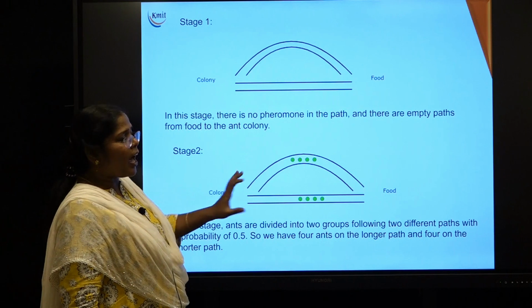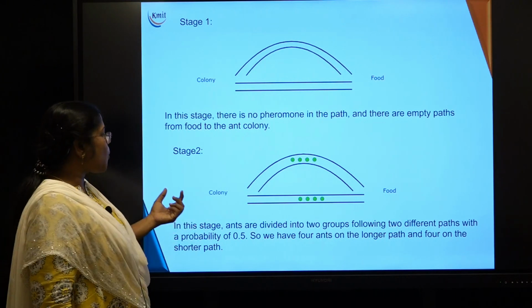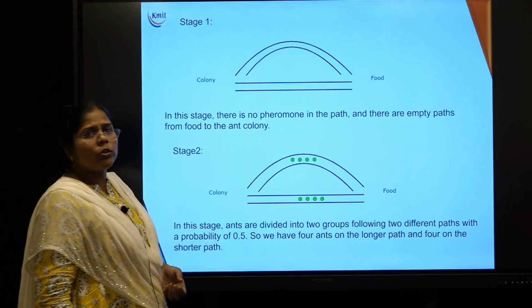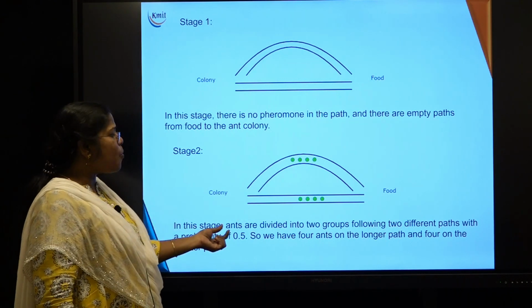Since we have 2 paths, the probability of selecting the first path is equal to the second path, which is 0.5.